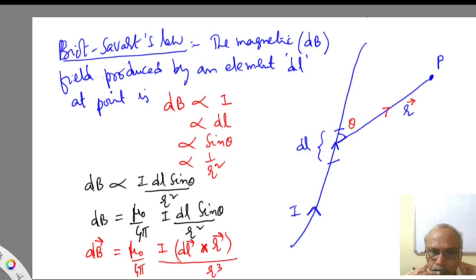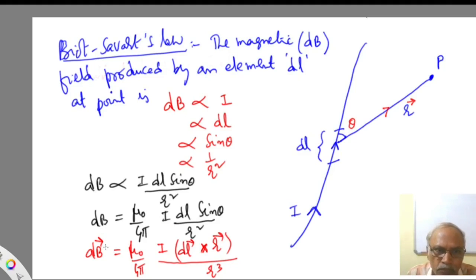You know the magnitude of dl bar cross r bar is dl r sine theta, since a bar cross b bar is ab sine theta. In the denominator we have r cube, so one r gets cancelled with the r in the numerator. So finally you get mu naught by 4 pi, I dl sine theta by r square.